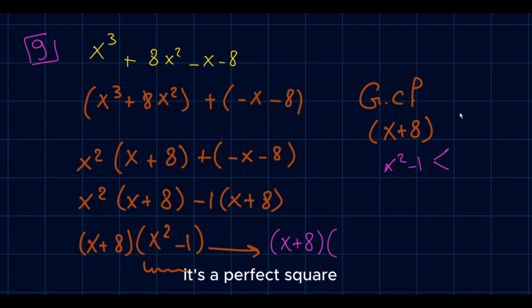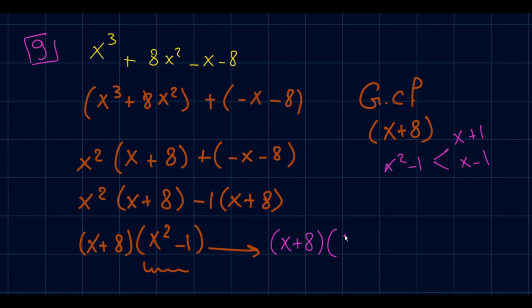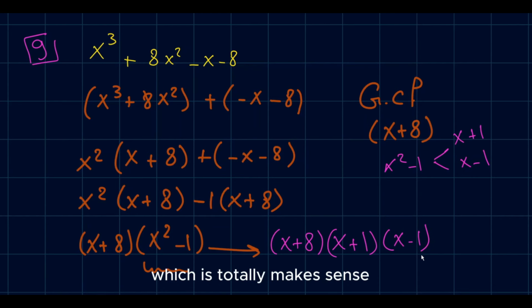It's a perfect square. We're gonna have x plus 1 multiplied by x minus 1. Which totally makes sense because over here we have power 3.